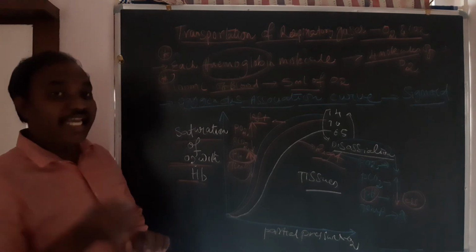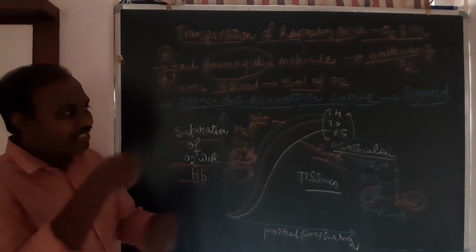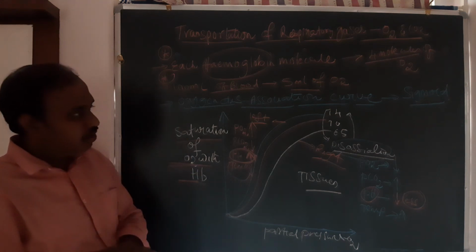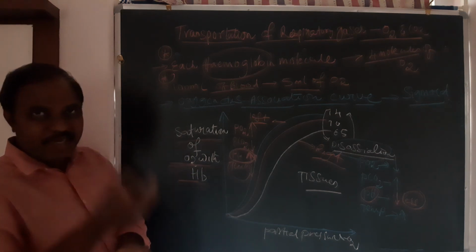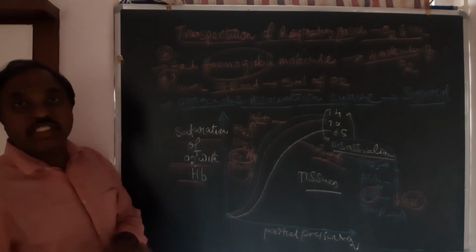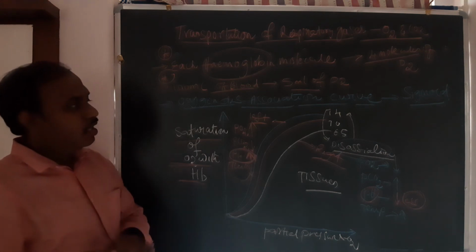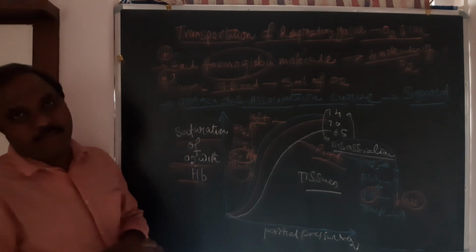Why will the blood be acidic? The reason blood will be acidic is as a result of cellular respiration: lactic acid, carbon dioxide, carbonic acid, all of these are being produced in the blood. As a result of that, blood pH is being lowered, and dissociation will happen.